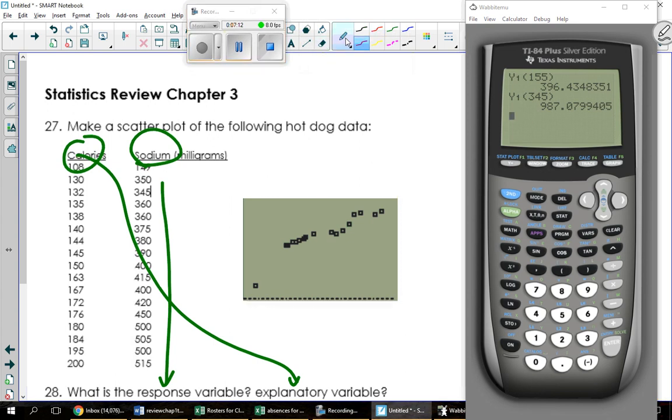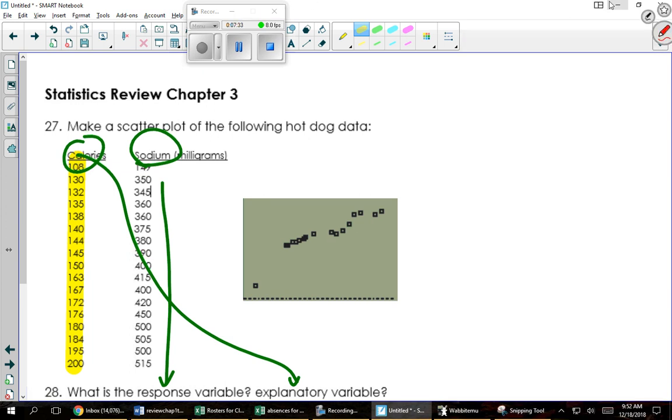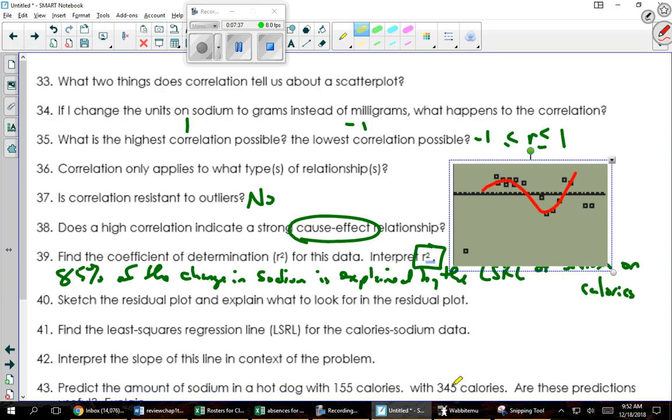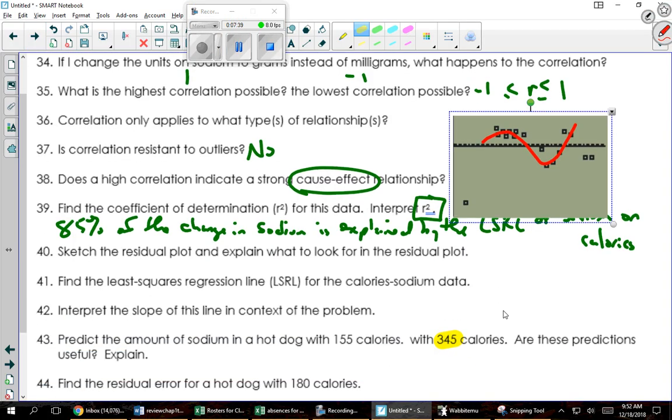If I go back and look at my X values right here, 345 is way outside of that bound. And so accordingly, I don't know that that line is trustworthy out there. However, for 155, it's right in here. I think my line does well there. So again, I don't like it for the bigger number, 345, because that's extrapolation.